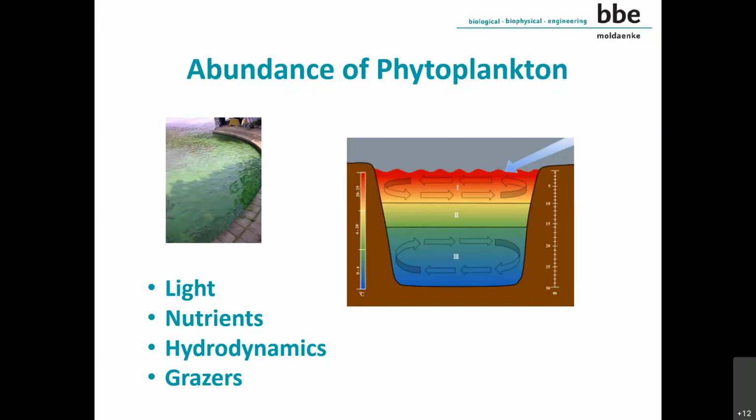The distribution is also affected by the hydrodynamics of the water body. For example, if we have a flow or mixing during summer or winter, this also affects the distribution. And last but not least, we have the grazers, which can be zooplankton or fish, for example, that also have an effect on the distribution of this phytoplankton.